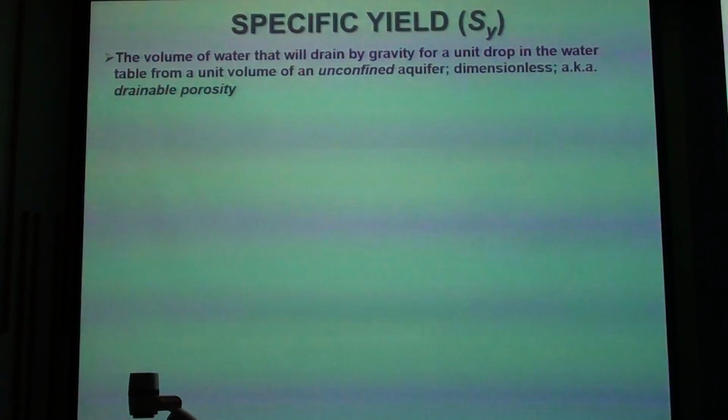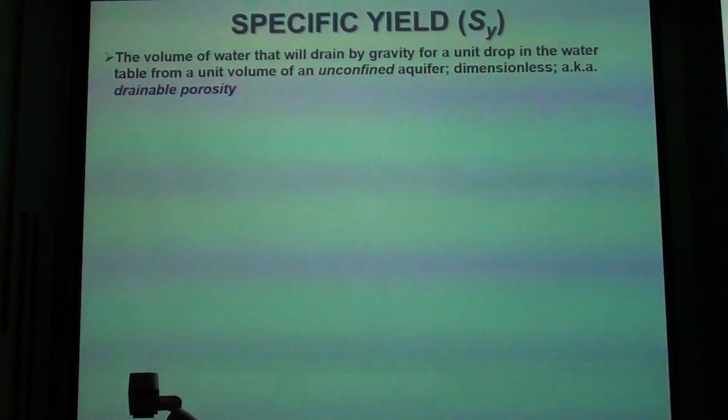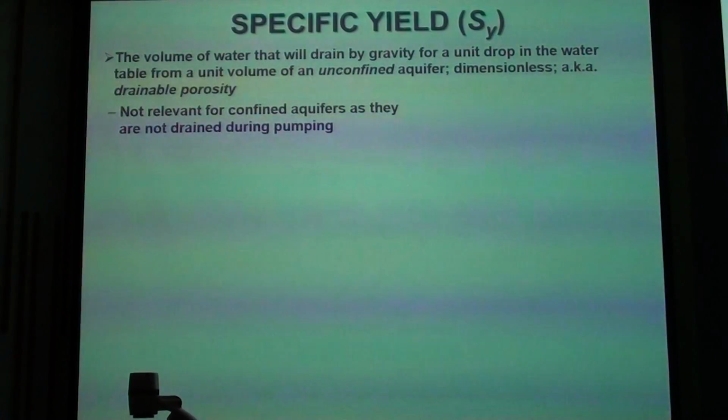So if you take an unconfined aquifer and chop out a metre by metre by metre of it, drop the water level 1 metre, the water that drains out of that under gravity, so naturally flows out of it, is the specific yield. It's sometimes called the drainable porosity. The specific yield is the proper term for this. It's only relevant to unconfined aquifers, because confined aquifers don't drain. They're always saturated.